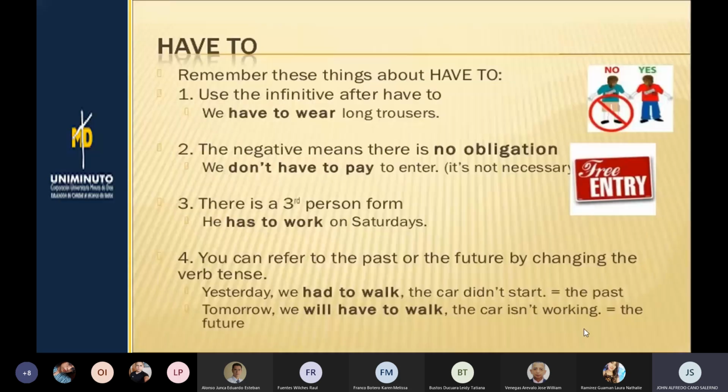The negative means there is no obligation. Don't have is used with I don't have, you don't have, they don't have, and we don't have. And he doesn't have to. She doesn't have to. It doesn't have to. Okay? Let's continue.